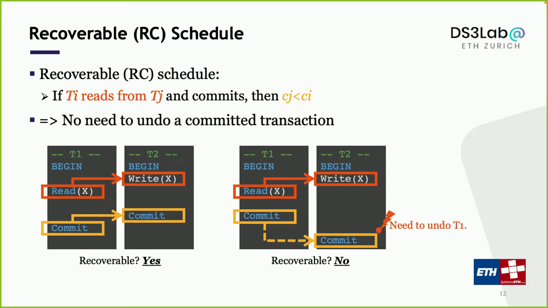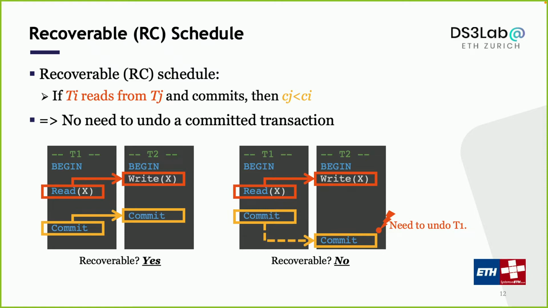But to undo T2, I need to undo the write of T2, because all the changes from T2 shouldn't be there. I need to recover the original value of X. But the problem is I have a T1 whose result relies on X that's written by T2. If you roll back T2, you have to roll back T1, but T1 committed. So that is a problem.